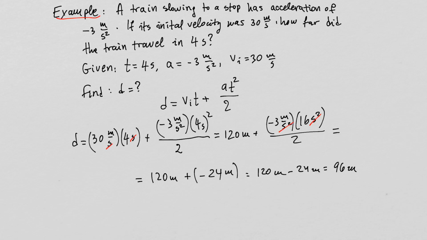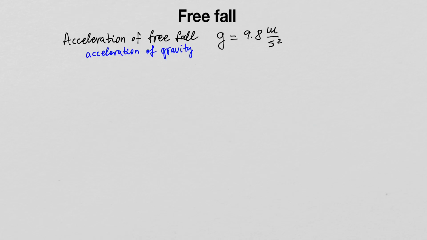So now let's look at one more example in which we calculate the distance traveled in a free fall motion. Free fall is a motion that happens with constant acceleration, and the acceleration of free fall we label with g, and that is equal to 9.8 meters per second squared in the metric system.